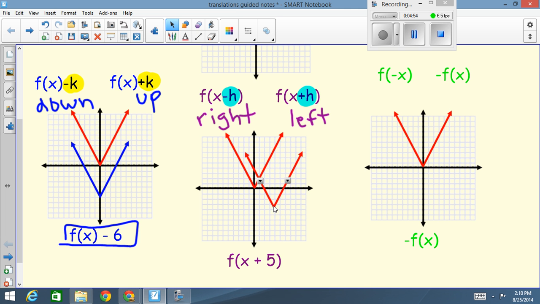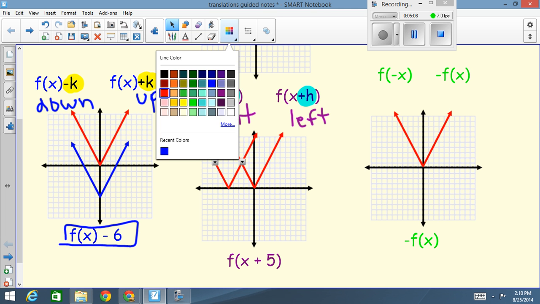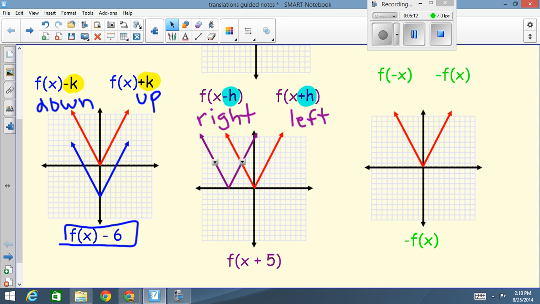And we're going to take this, and because it is a plus 5, that actually shifts it to the left 5. 1, 2, 3, 4, 5. And I'll go ahead and make that purple so we can see that as our new function. So the plus 5 shifts it to the left. That's a little opposite of what you might expect.